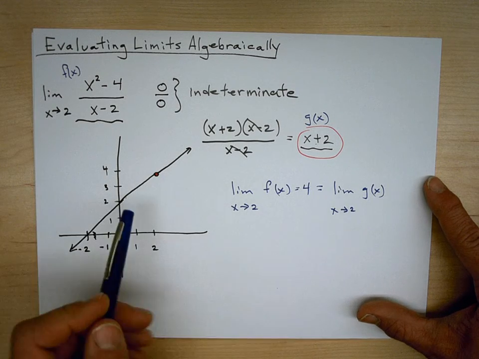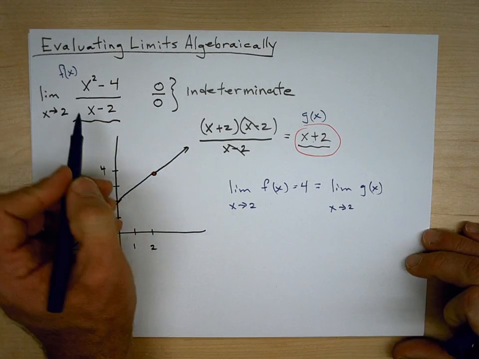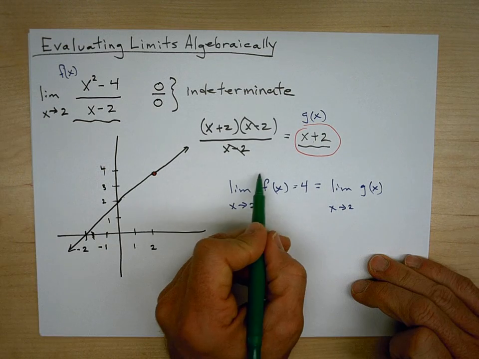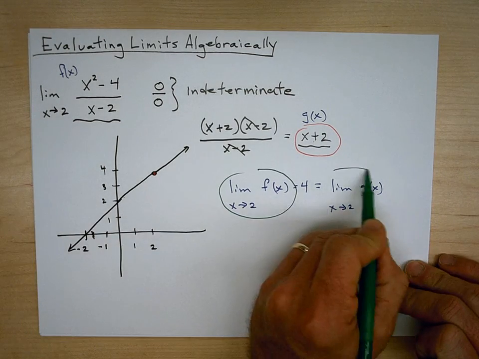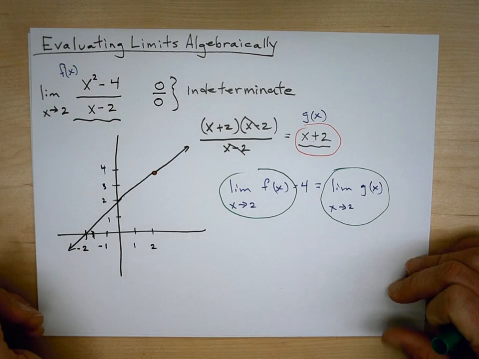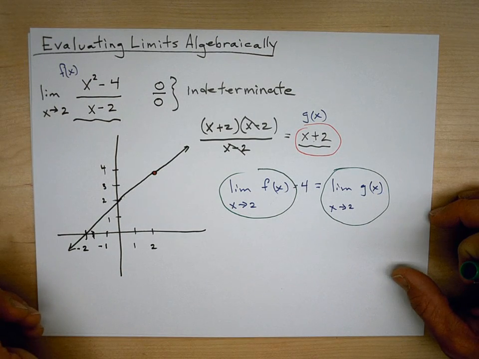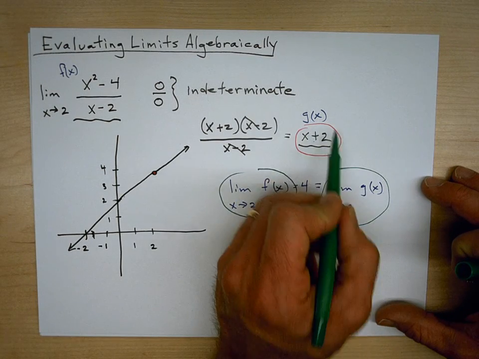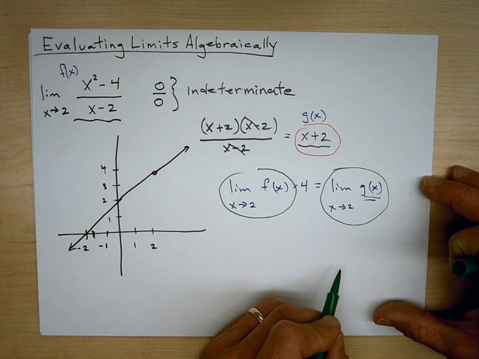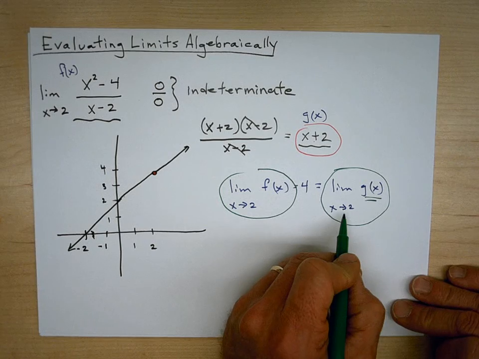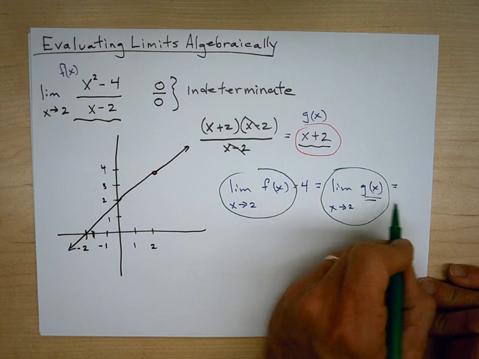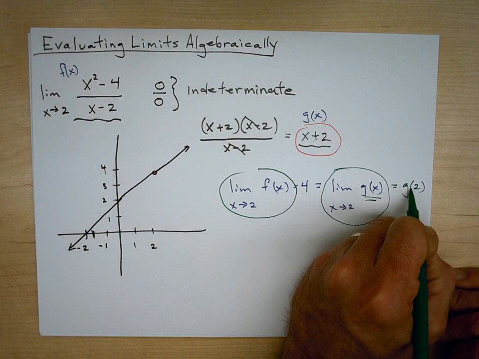All right, so the key is that this limit, let me highlight this, I'm using another color, this limit and this limit are equal. That should be kind of obvious here. The difference is this g of x is a continuous function. So we know that because it's continuous, the limit as x approaches 2 of g of x is just g of 2.